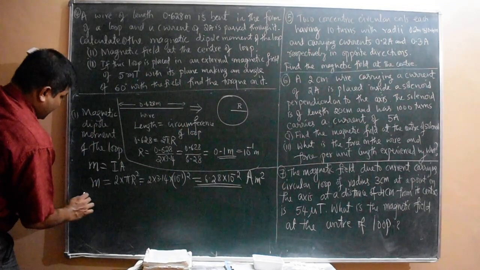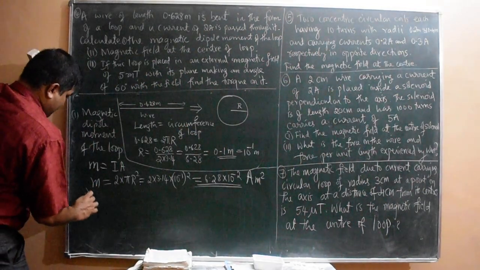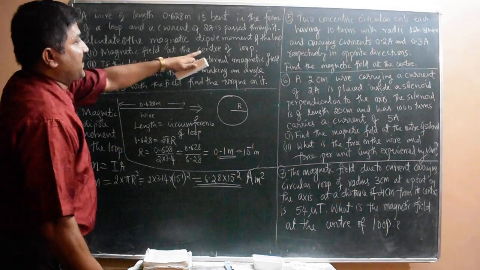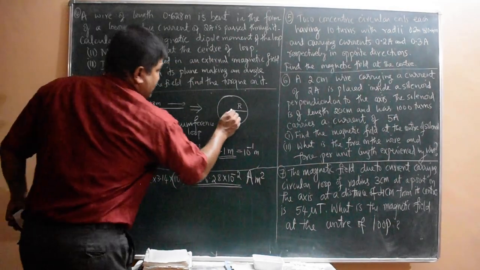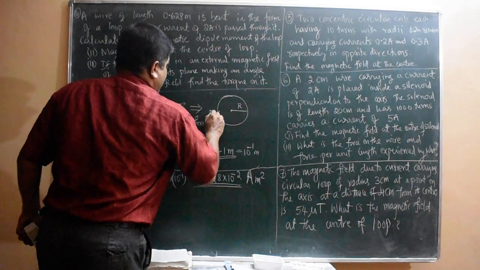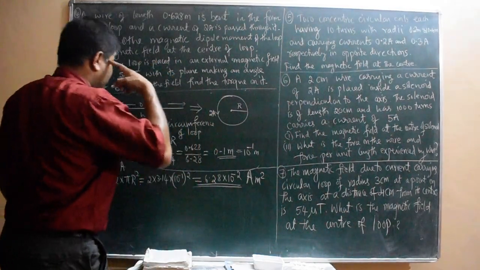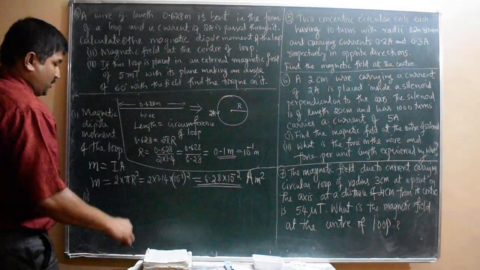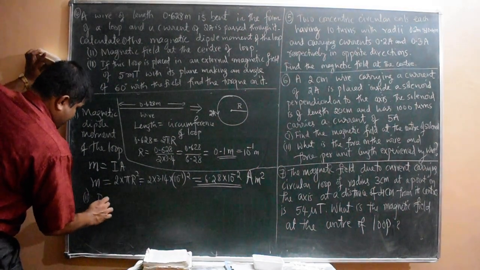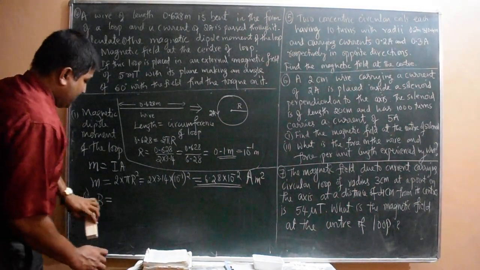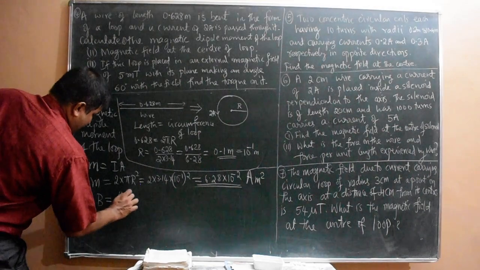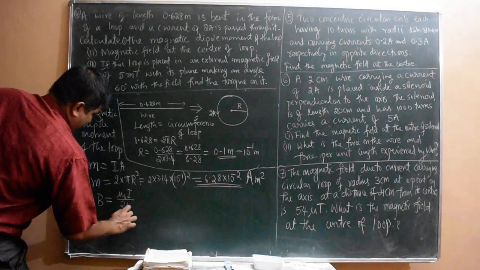Then the second question in this calculation is to find out the magnetic field at the center of the loop. So if I pass a current of 2 ampere, what is the magnetic field at the center of the loop? Magnetic field B at the center, B equal to mu naught I divided by 2R.